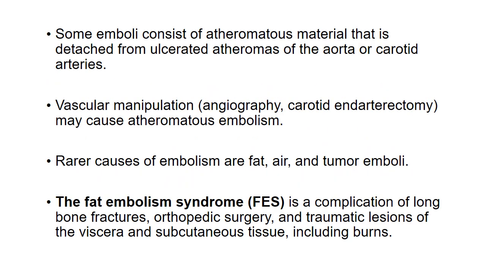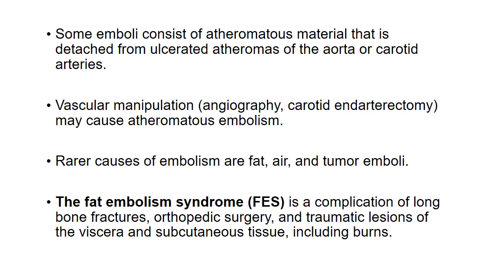Now, some emboli consist of atheromatous material which is often detached from the ulcerated atheromas of the aorta or for that matter carotid arteries. Vascular manipulations like angiography may also cause an atheromatous embolism. Rare causes of embolism include fat, air, and also tumor emboli.